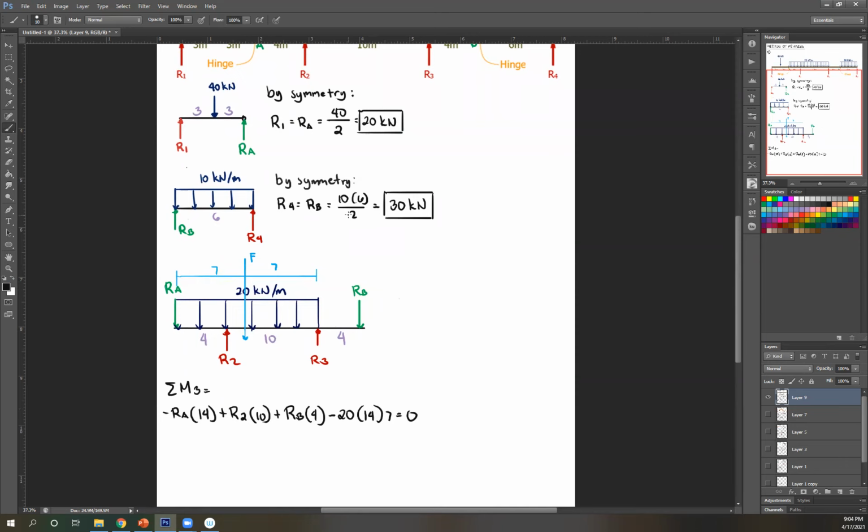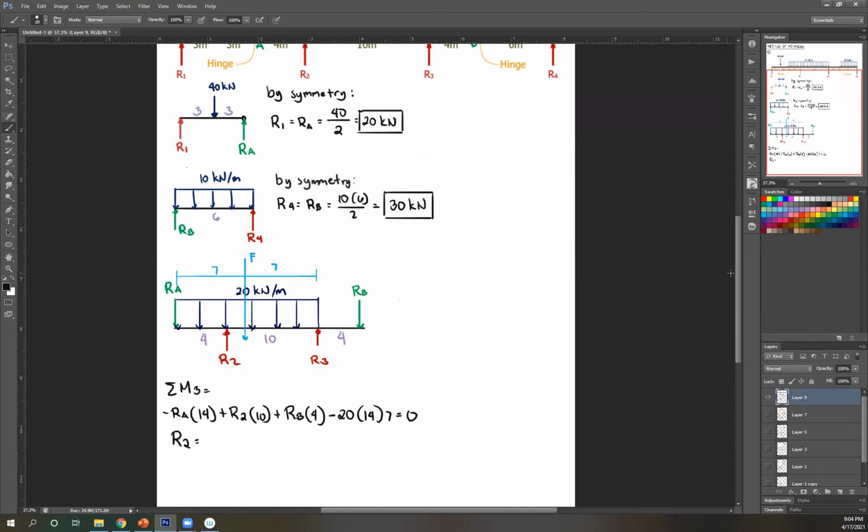Let's double check if I did it correctly. Okay. 14 and 4. Correct. Okay, and then now we can solve for R2.